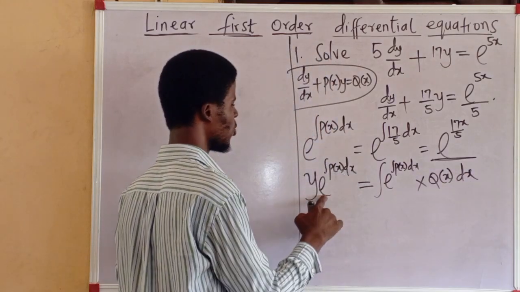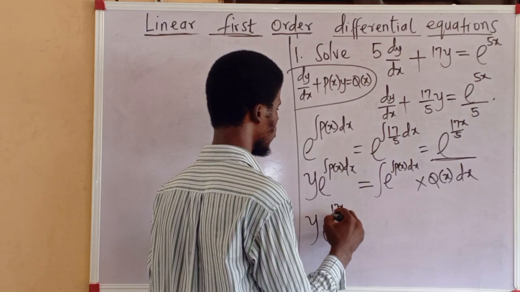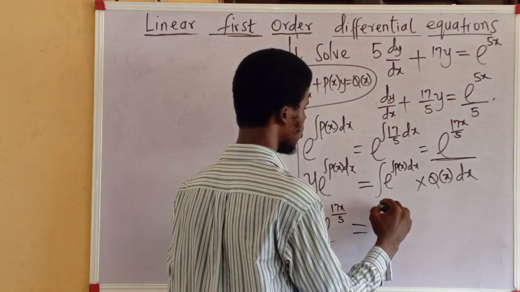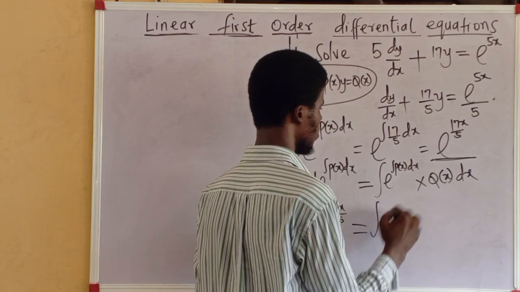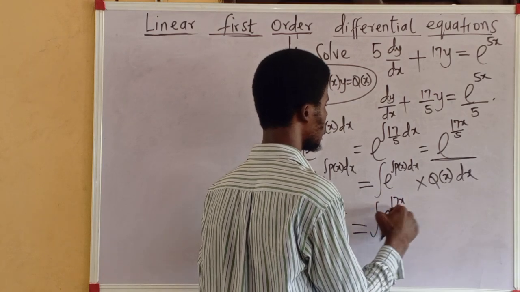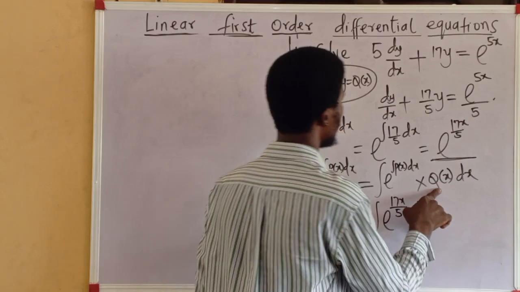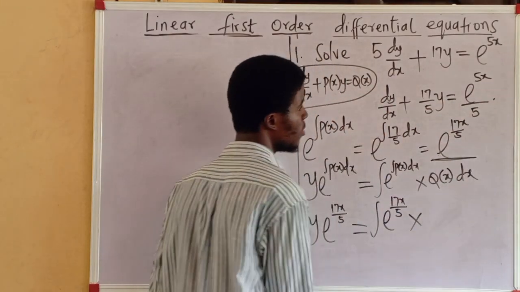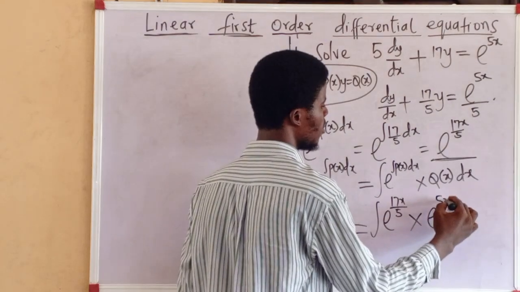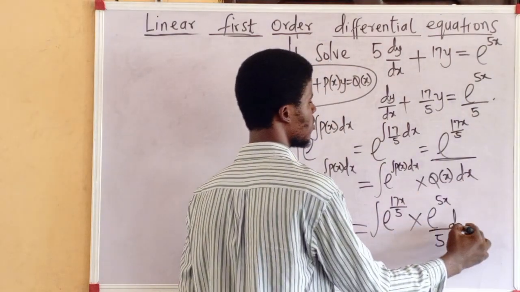So the integrating factor is e to the power of 17x over 5, which is equal to the integral of e to the power of 17x over 5 times q of x. Q of x is e to the power of 5x over 5, then dx.